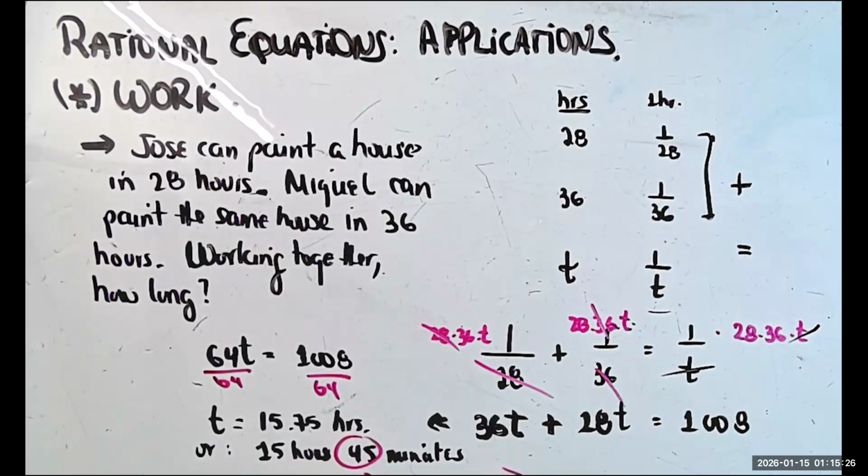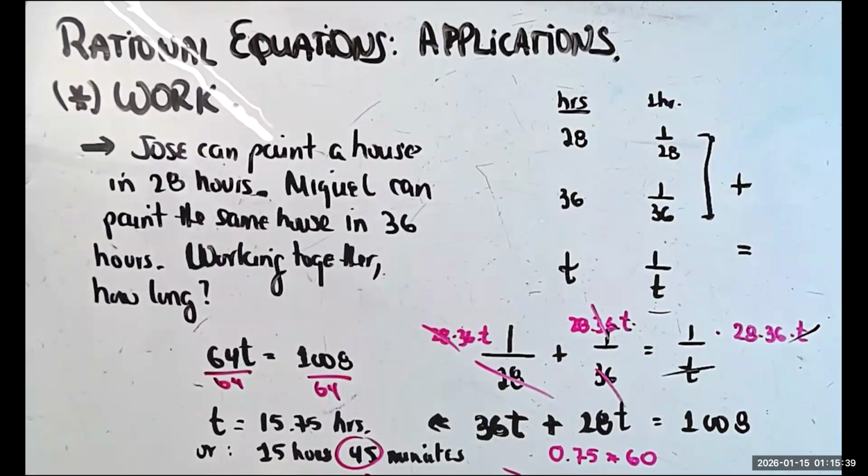Why 45 minutes? This is 0.75 times 60 minutes, which is 45 minutes. So working together, the two brothers can finish the house in almost 16 hours, 15 hours, 45 minutes.